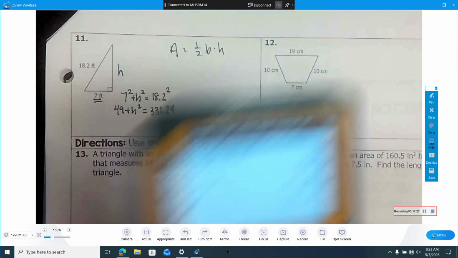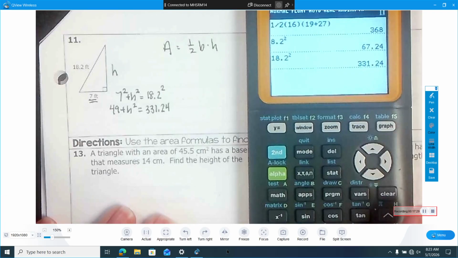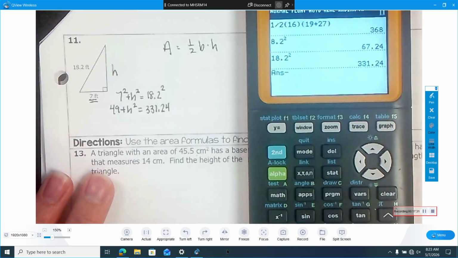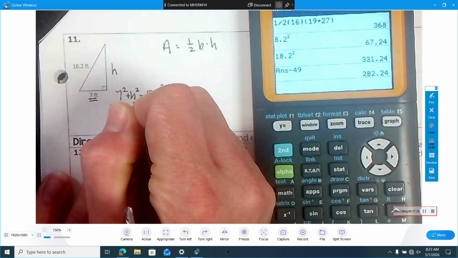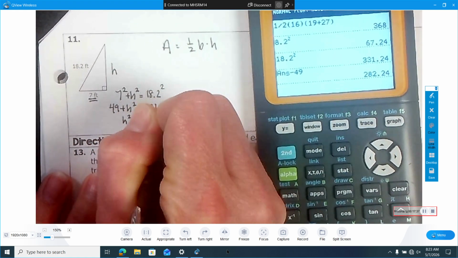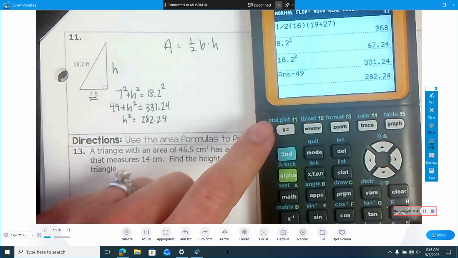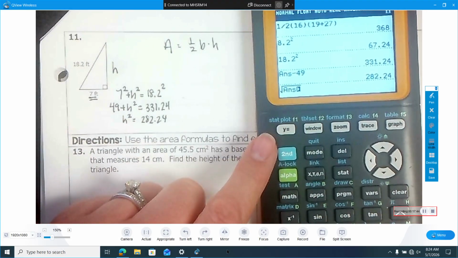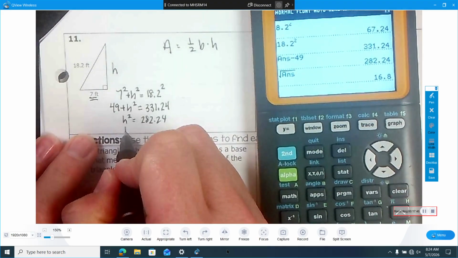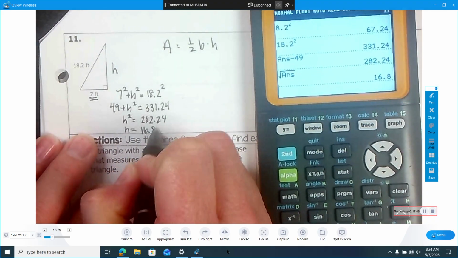And then what do I need to do? Minus 49. Subtract 49, so I get height squared equals 282.24. And then what? Square root, yeah. Square root my answer, and I get a height of 16.8.